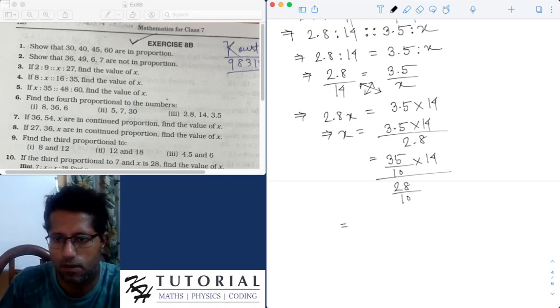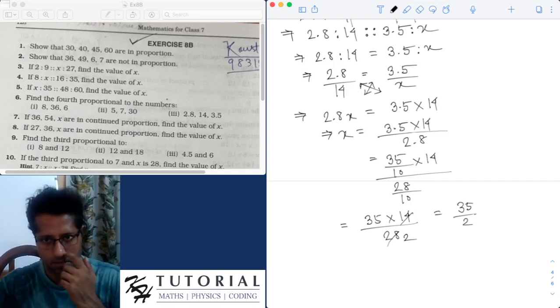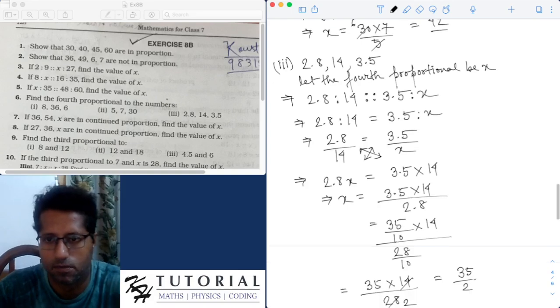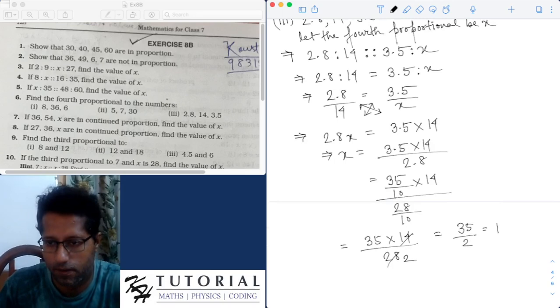This is nothing but 35 into 14 divided by 28. So this is 35 by 2, and since the numbers are given in decimals, it will be 17.5.